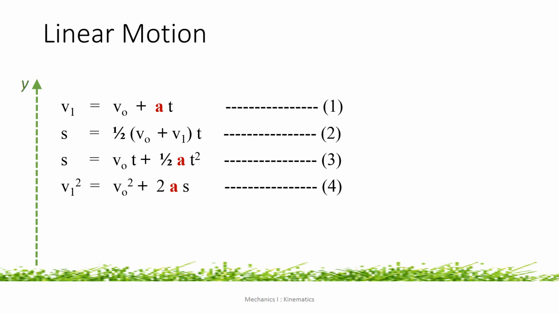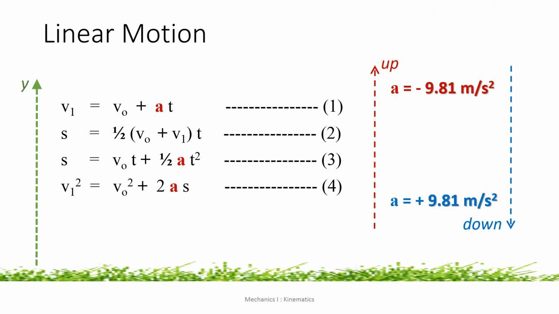And for the sign convention, when a body travels upwards, which is against gravity, a is taken as negative. And when the body is free falling due to gravity, a is taken as positive. So for that, let us take a look at further examples that put all these theories that we have learned into context.